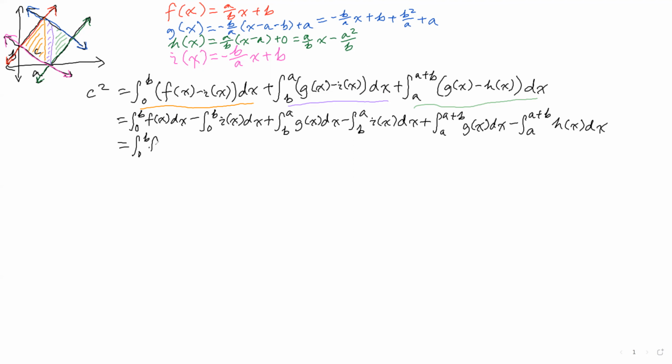So we have the f of x minus integral from 0 to a of i of x dx plus the g of x's we can also combine to make b to a plus b, g of x minus integral from a to a plus b of h of x dx.